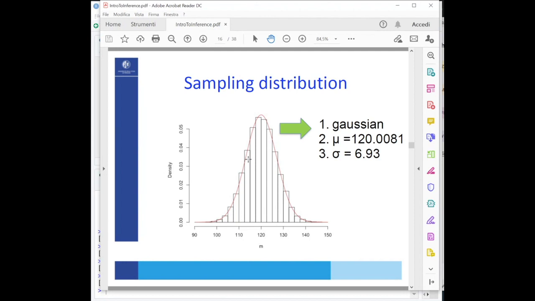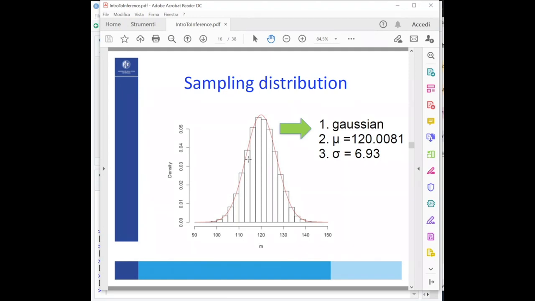So the fact is, I start from a population. If I repeat the sampling an infinite number of times, I obtain a Gaussian distribution of means, which has the same mean as the original population and a smaller standard deviation. This is called the sampling distribution.